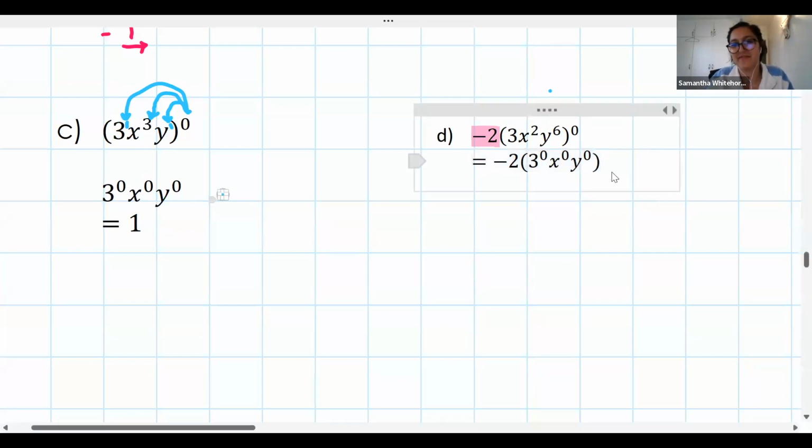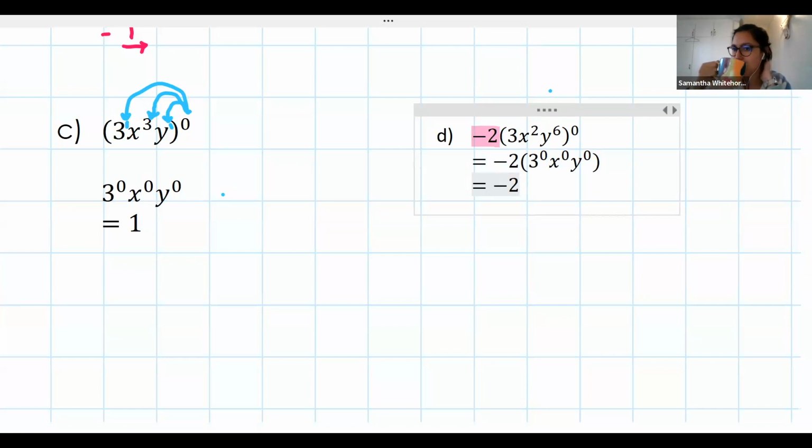So the next thing I did, I added the negative. I just left the -2 in the same place. Then I put the columns for the ones. So like that.